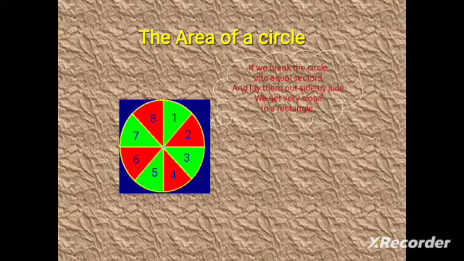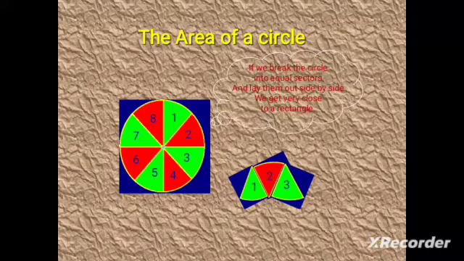If we break the circle into equal sectors and lay them out side by side, we get very close to a rectangle. You can see the diagram is of a circle subdivided into 8 sectors. So we are going to break the sectors and lay them side by side.